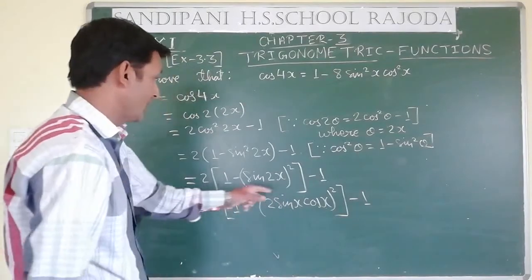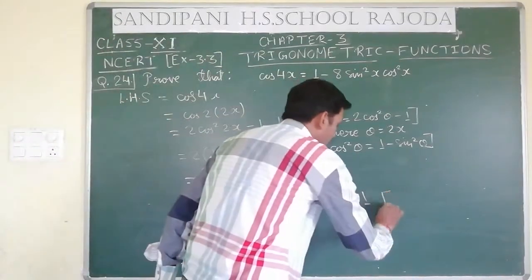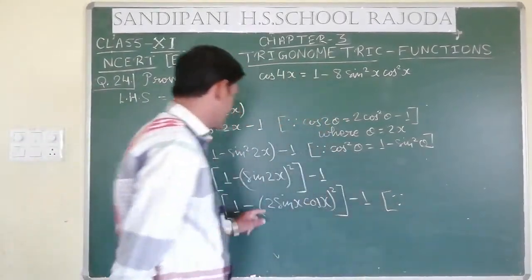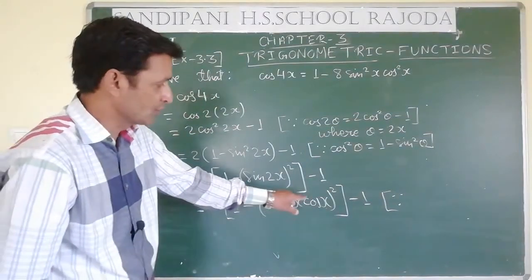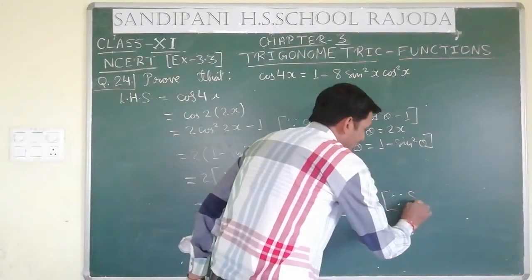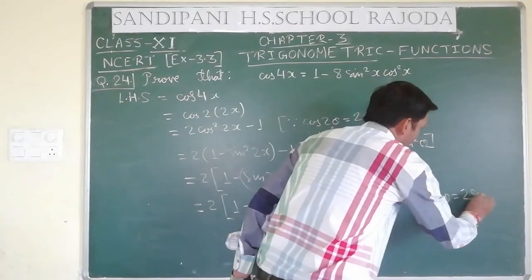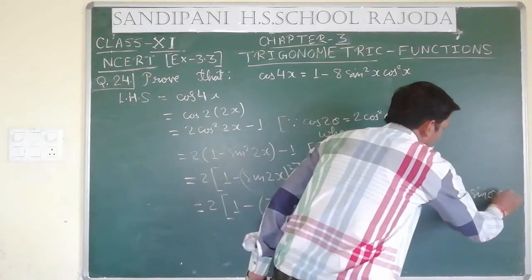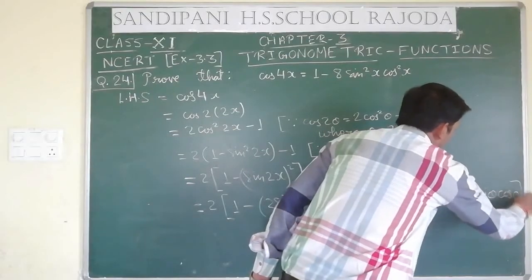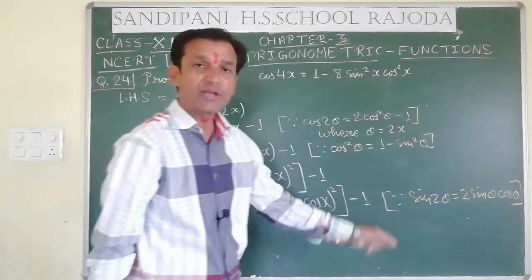So we have to assign here also which formula is applied here. It is sin 2x is equal to 2 sin x cos x, or sin 2 theta is equal to 2 sin theta cos theta. We may write sin 2a is equal to 2 sin a cos a also.